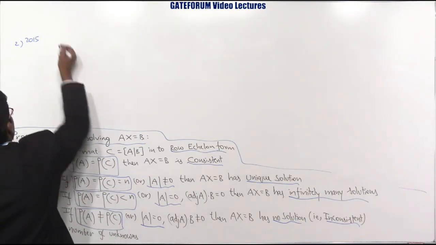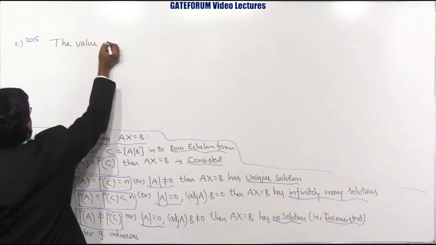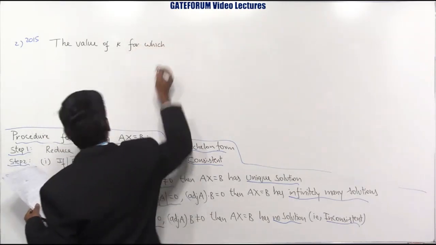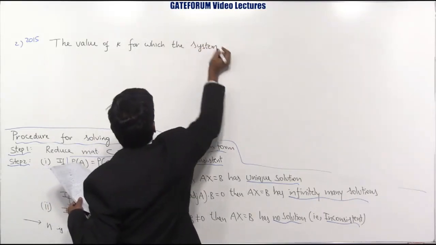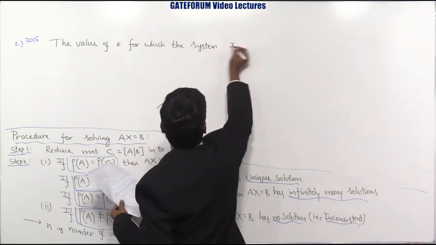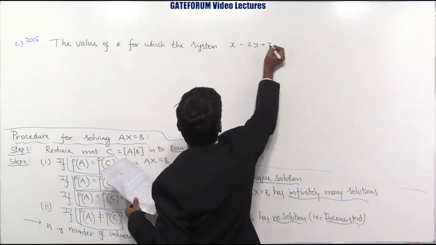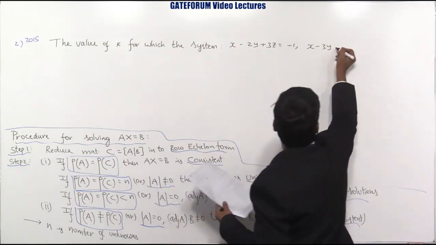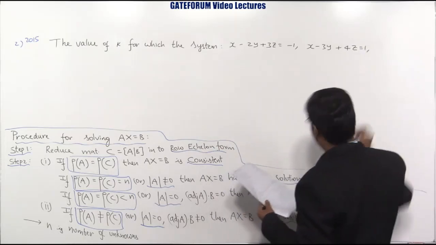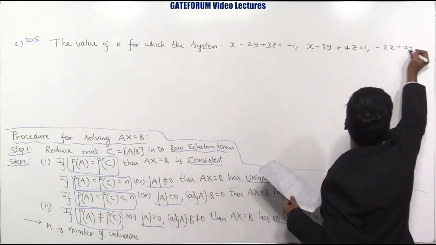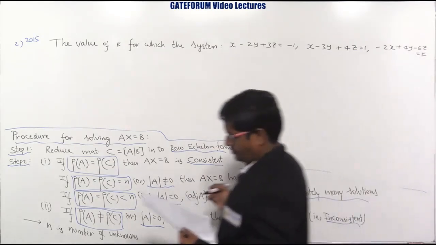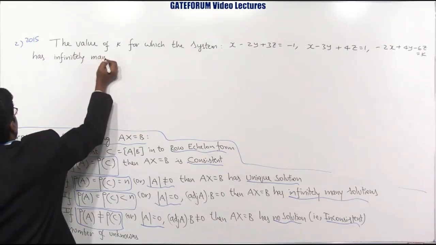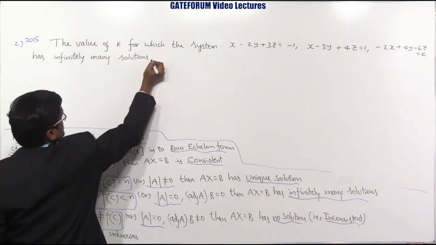The value of k for which the system x minus 2y plus 3z is equal to minus 1, x minus 3y plus 4z is equal to 1, minus 2x plus 4y minus 6z is equal to k has infinitely many solutions is dash.